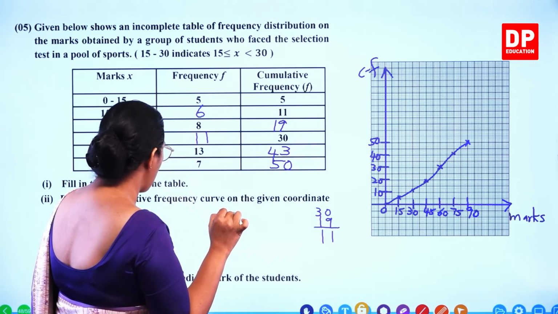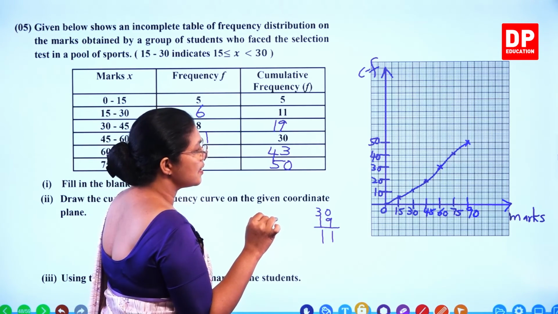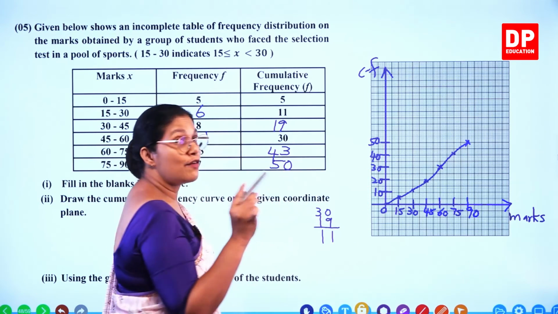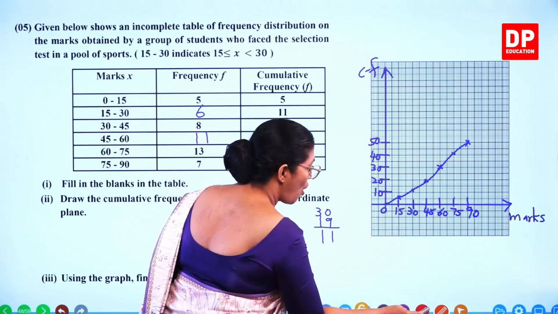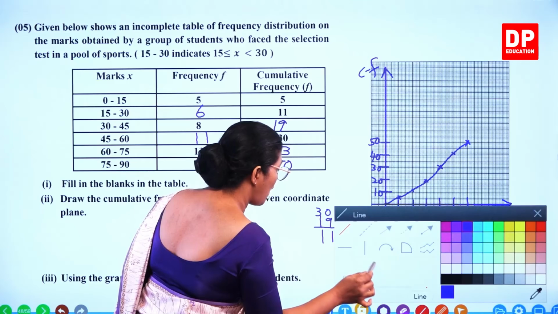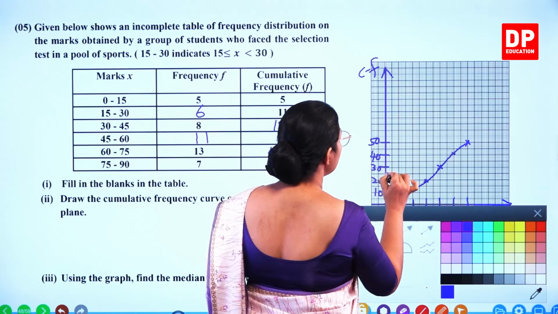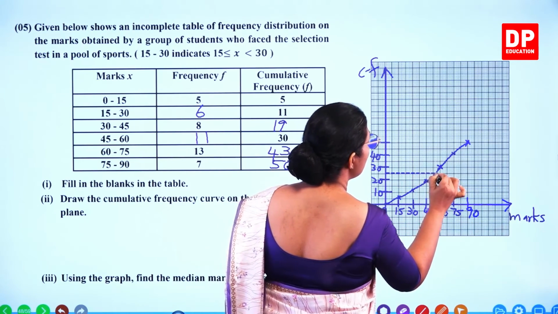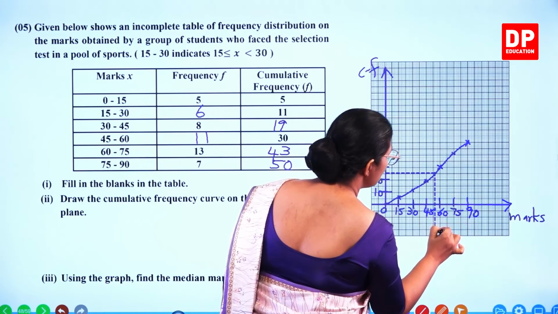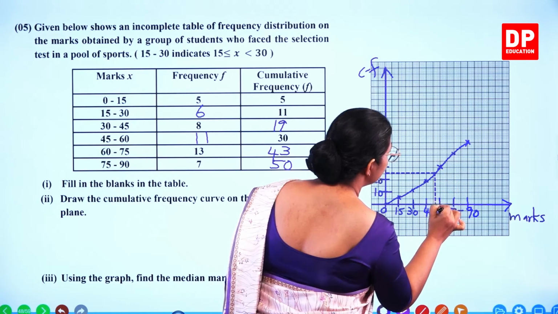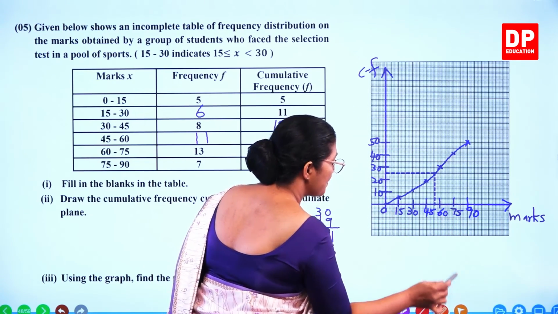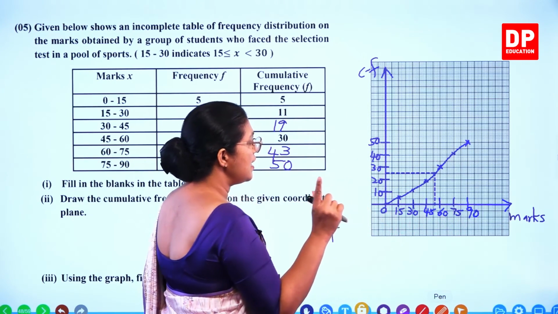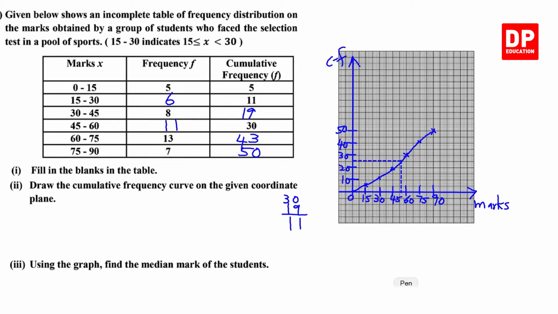And using the graph, find the median mark of the students. Median mark, so how do you find it? 50 altogether, 50 divided by 2, 25. So you draw a line along 25 and refer the value. So what is this value? How do you read this? You need to be careful. 15 for 10 squares, so divide by 10, 1.5 per square.